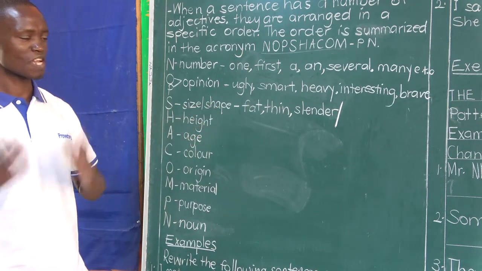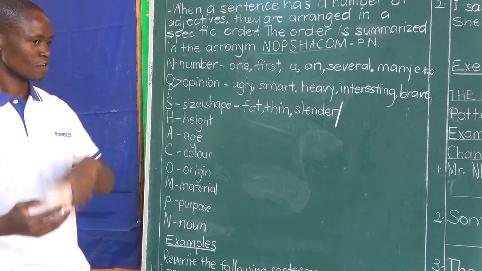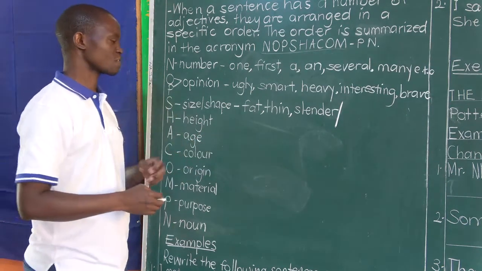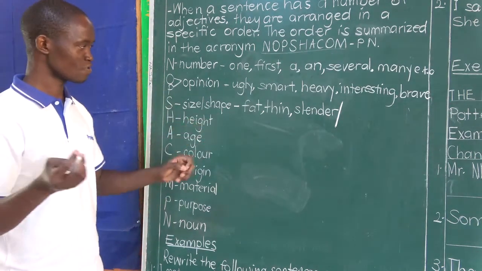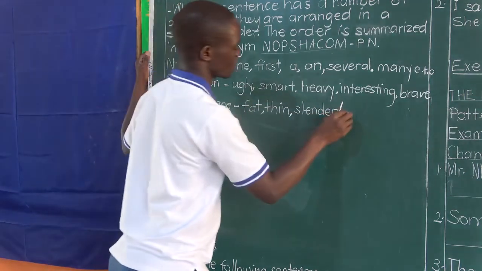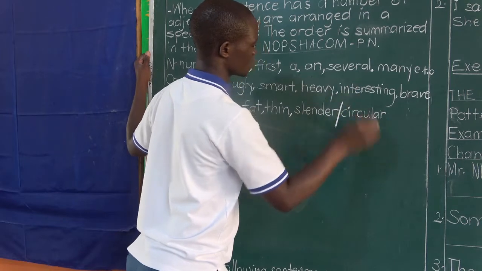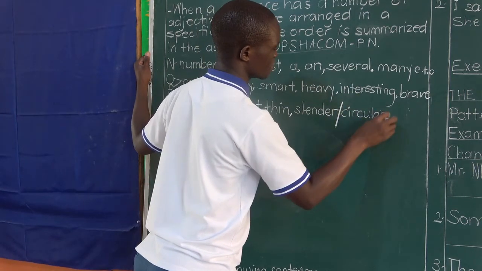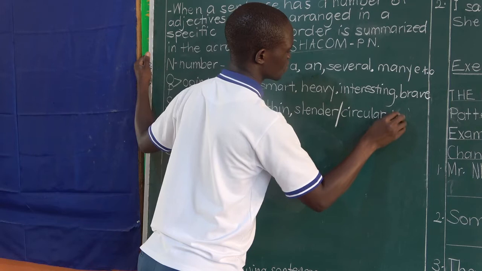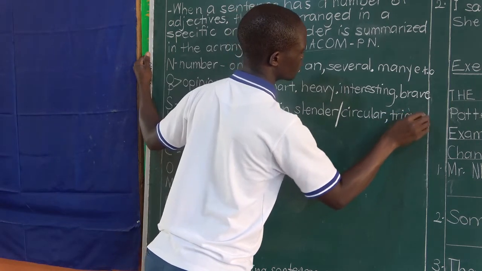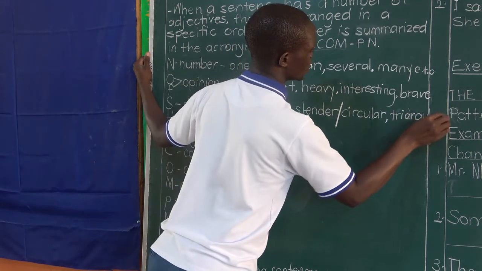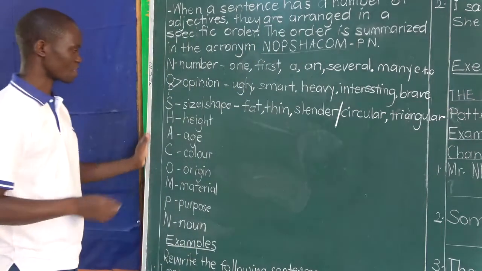I've changed them from nouns, rectangle, to adjectives, rectangular, from circle, which is a noun, then to circular, for those are shapes. Adjectives of shape. Circular, triangular, and many others.